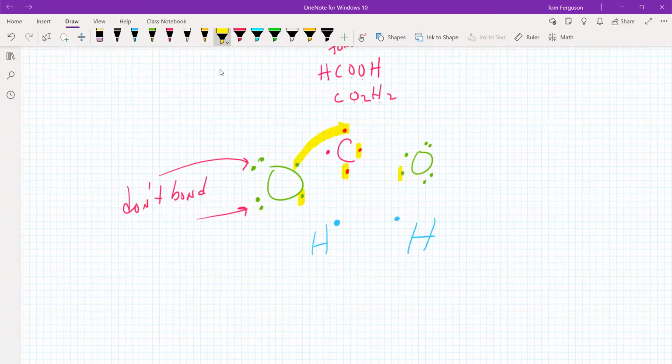Let's connect that with this. Okay, so we've connected up. The oxygen has one bond to the carbon right here. This carbon goes over to the other oxygen with one bond. The hydrogen connects up with one bond to the oxygen. This hydrogen connects up with one carbon. Okay. We've done the same thing, we just did it differently.